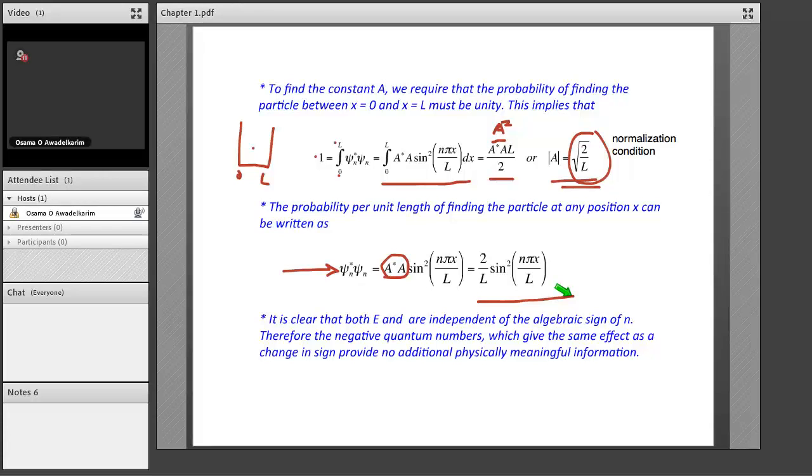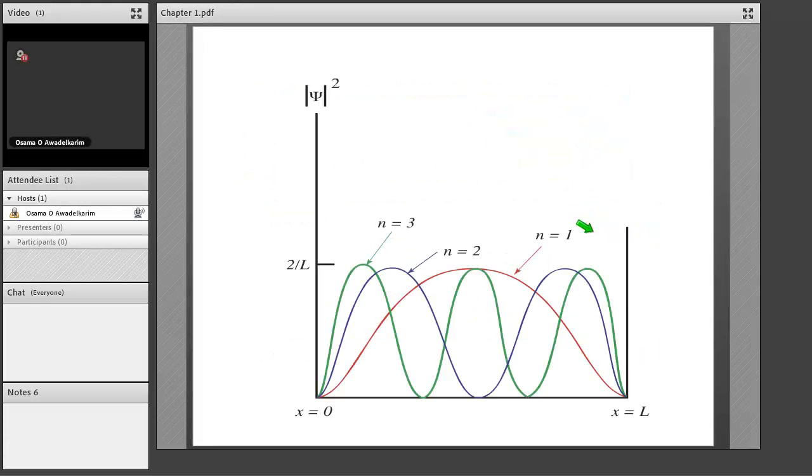Now, let's draw this function in the region inside the quantum well, x equals 0 to x equals L. If we draw this sine squared function for n equals 1, this red curve shows that at x equals 0 and x equals L the probability is 0; the particle cannot go out of this well.